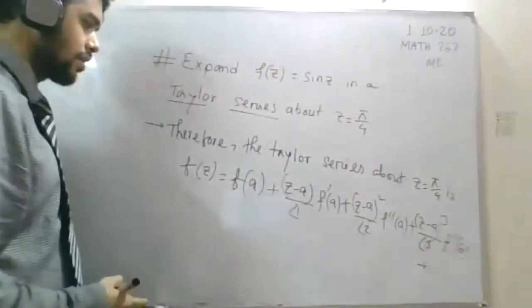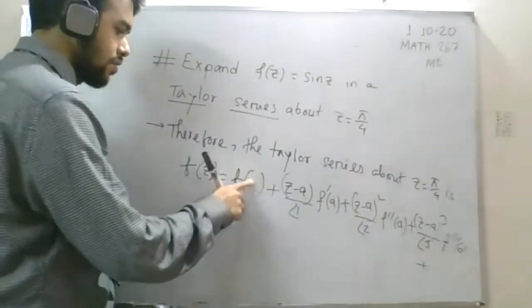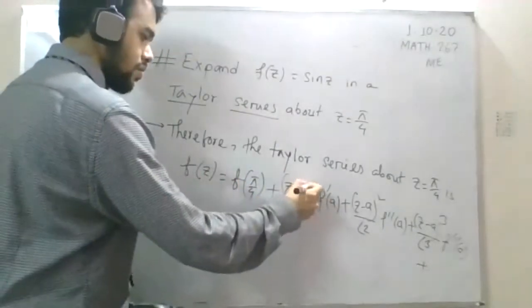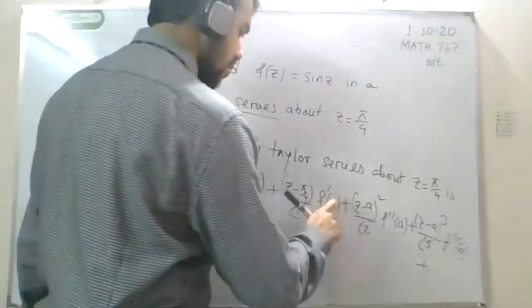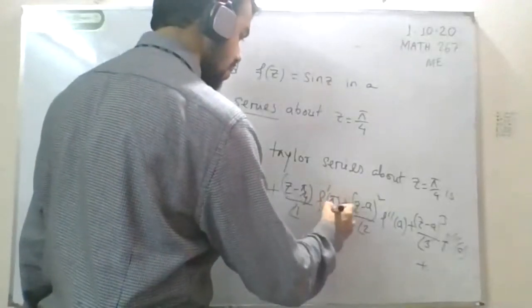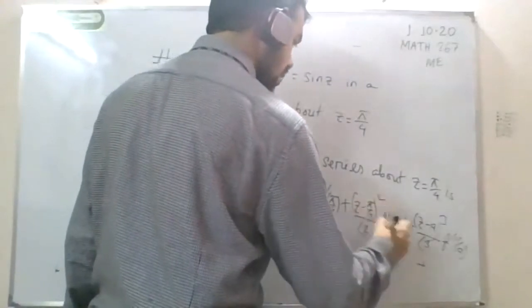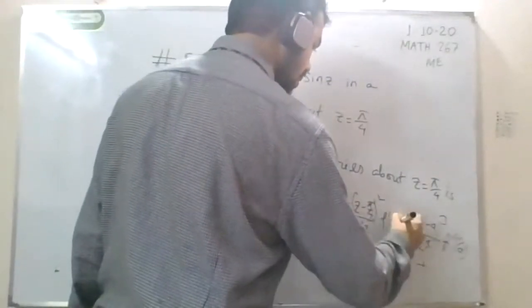So here a is pi by 4. Just replace this a by pi by 4 and you can have your answer.